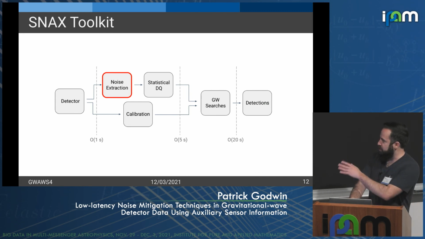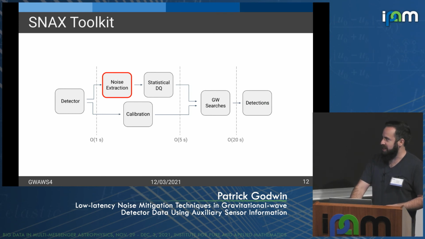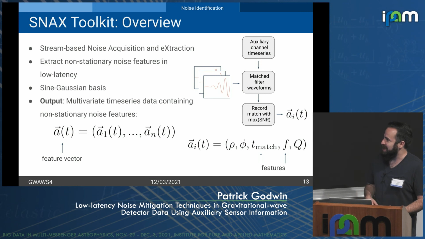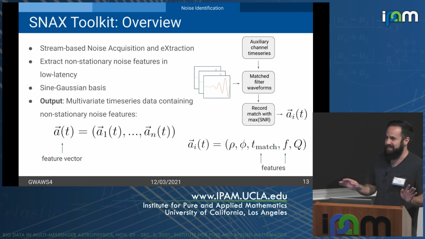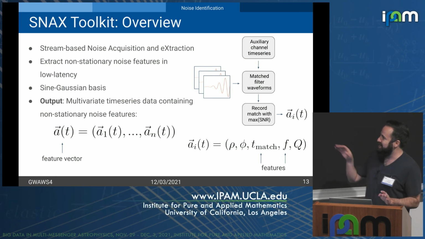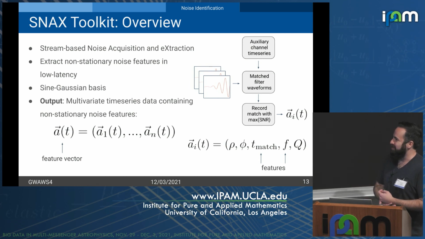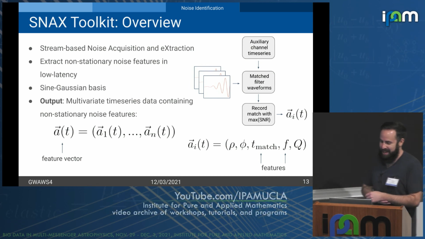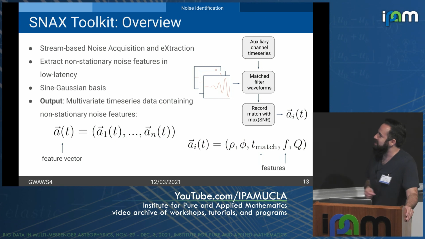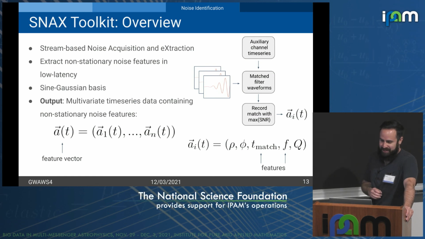So I'll first focus on the first part, which is a tool that we created called the SNAX Toolkit. I like bad acronyms. I think astronomy is pretty good at developing some of these acronyms, but whatever. This stands for the Stream-Based Noise Acquisition and Extraction Toolkit.